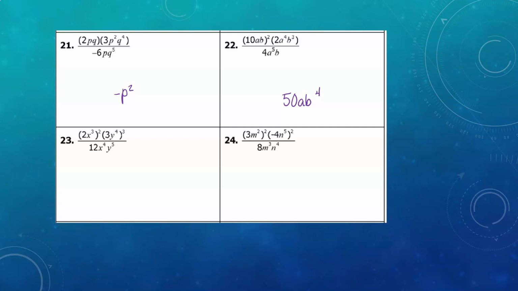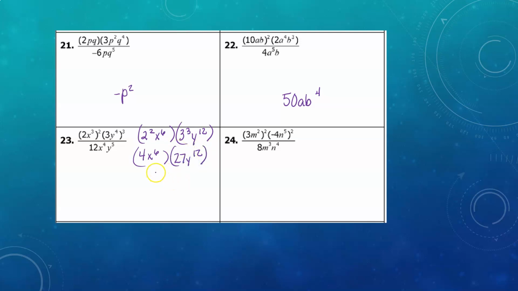All right, let's do 23. We got a lot going on for 23. We got to power this out first. I have 2 squared x to the 6th times 3 cubed y to the 12th. So that's 4x to the 4th times 27y to the 12th.